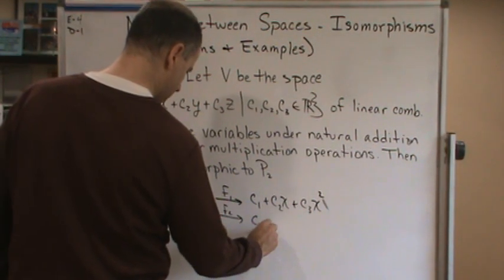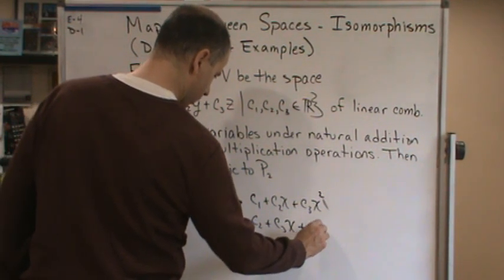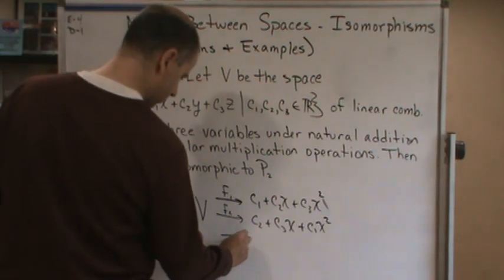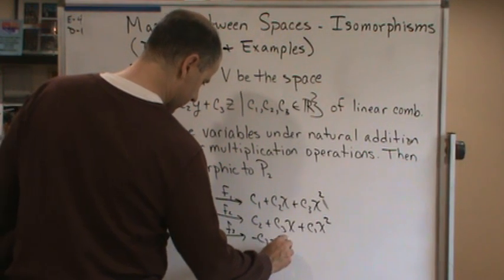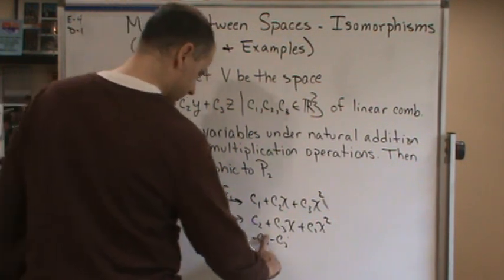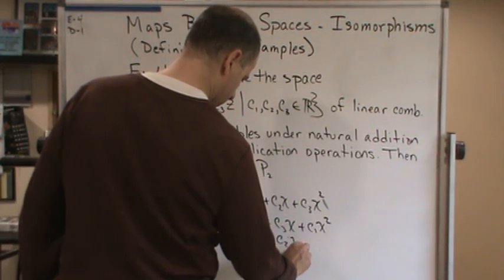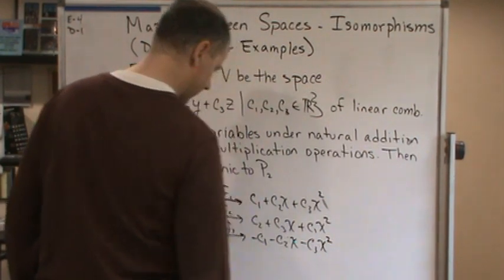Or we could have F2, where we have C2 plus C3x plus C1 x squared. Or we could have everything with subtraction. So we could have minus C1, C2x minus C3x squared.